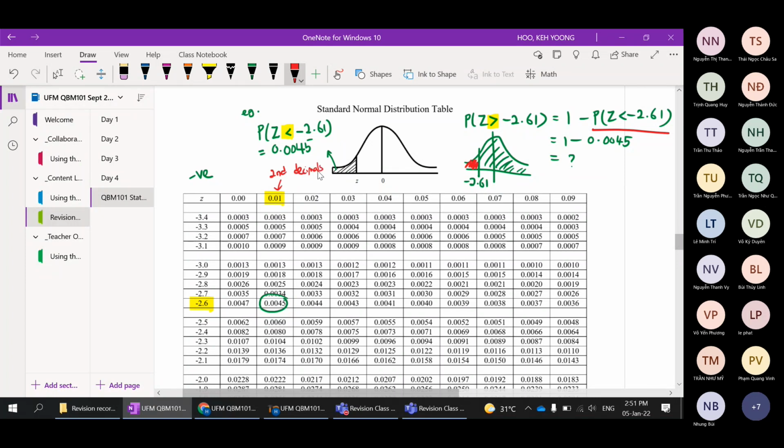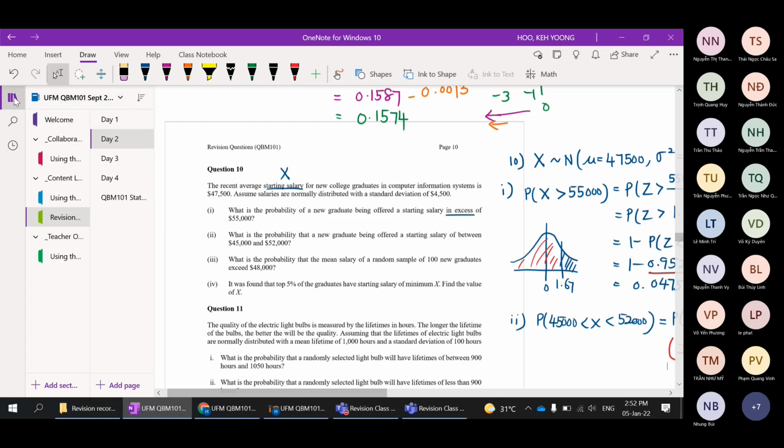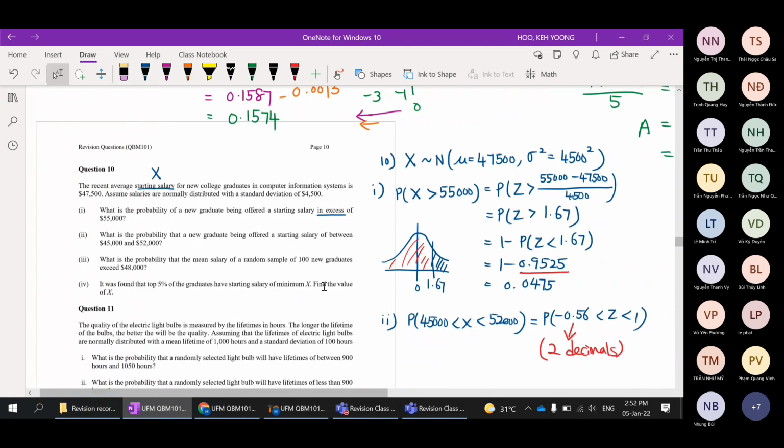If you want to find negative 2.612, we cannot. We can only have up to negative 2.61. The third decimal we can't find from the table, so always round off to 2 decimals.